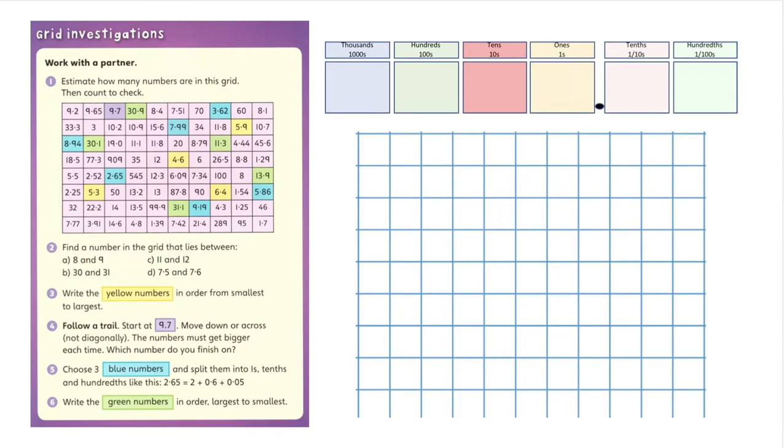Right, third one. Write the yellow numbers in order from smallest to the largest. There's 1, 2, 3, 4 yellow numbers. Now, when you're ordering numbers, the further to the left a place is, the more it's worth. So first of all, you look to see, do any of them have any thousands?